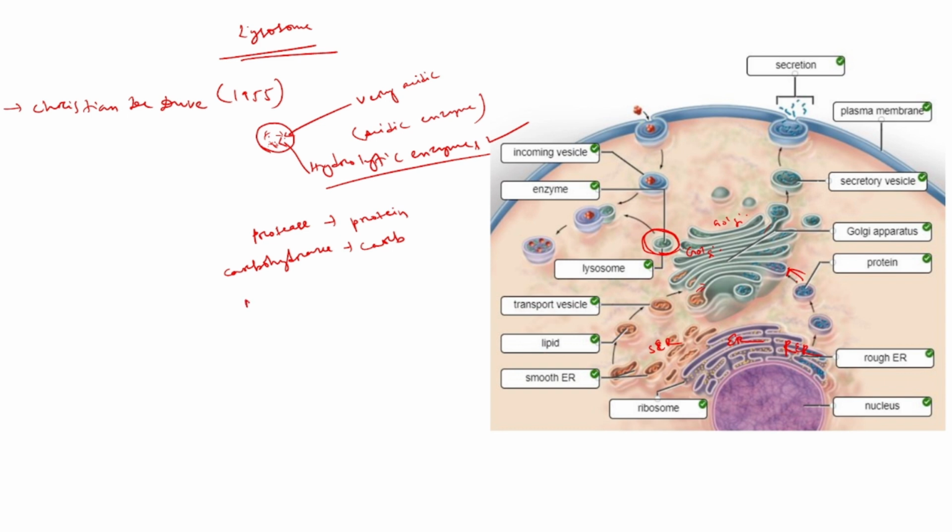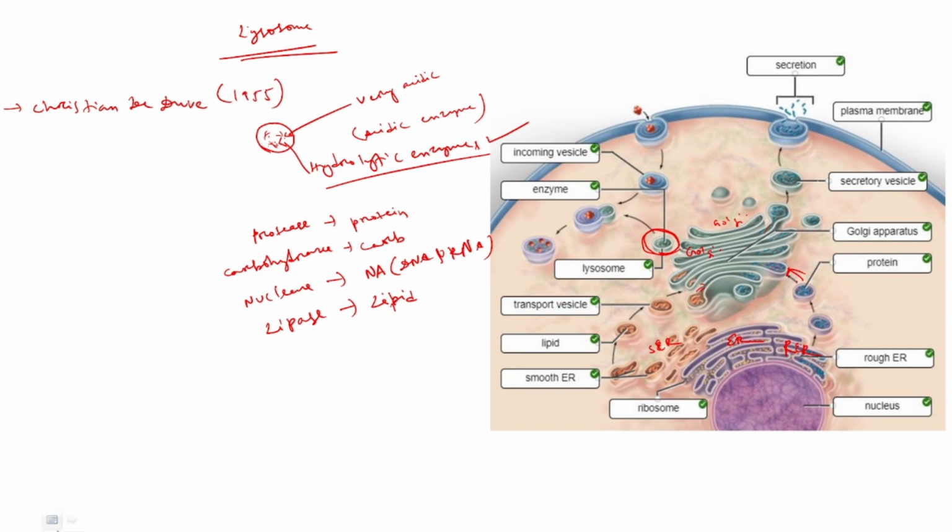Nuclease means it helps in the digestion of the nucleic acid, or the DNA and RNA. For example, lipase. Lipase means it helps in the degradation of lipid. So all these hydrolytic enzymes, or all these digestive enzymes, are present inside the lysosome.